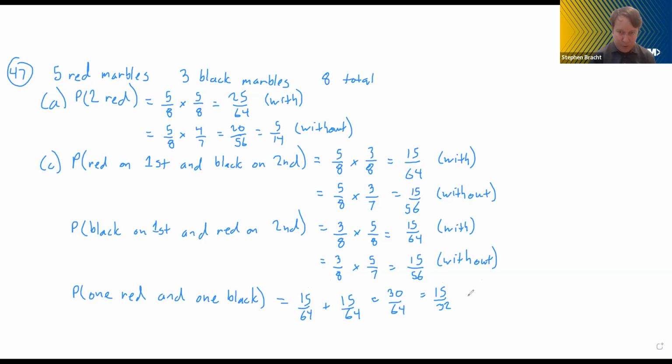This is with replacement. Or without replacement, it would be 15 out of 56 plus 15 out of 56, which equals 30 out of 56, or that reduces down to 15 out of 28. This is without.